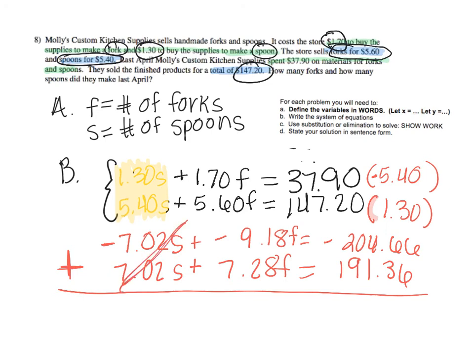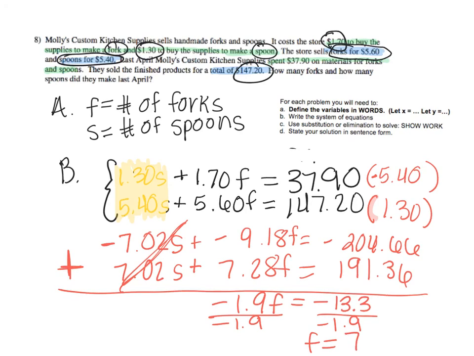I will add negative 9.18 plus 7.28, which will give me negative 1.9F is equal to negative 204.66 plus 191.36 gives me negative 13.3. Then I'll divide both sides by negative 1.9, divide by negative 1.9 to give me F equals 7.